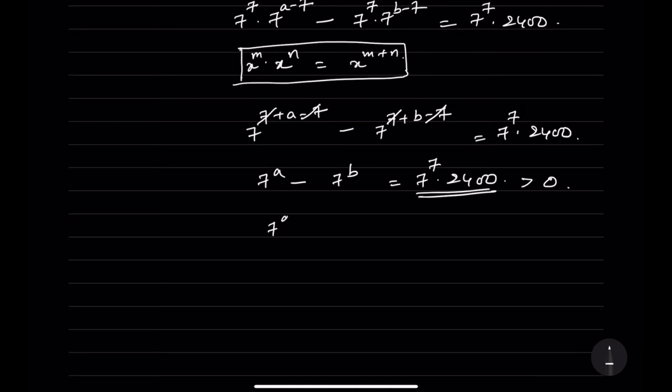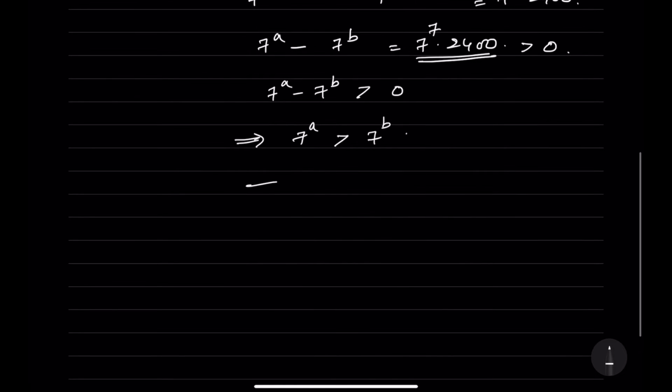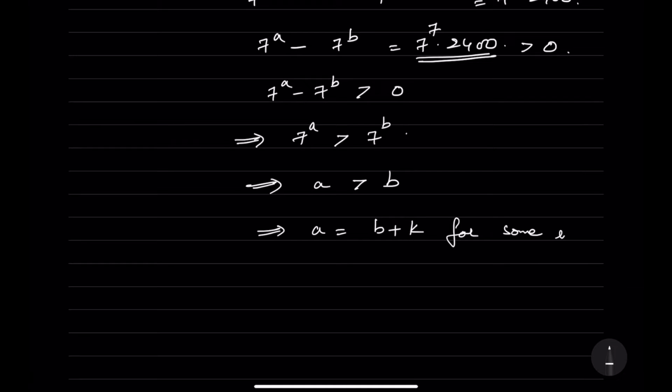Therefore 7 to the power of a minus 7 to the power of b is also greater than 0, which implies that 7 to the power of a is greater than 7 to the power of b. Since the bases are equal, we can tell that a is greater than b. So let us suppose that a is equal to b plus k for some integer k.